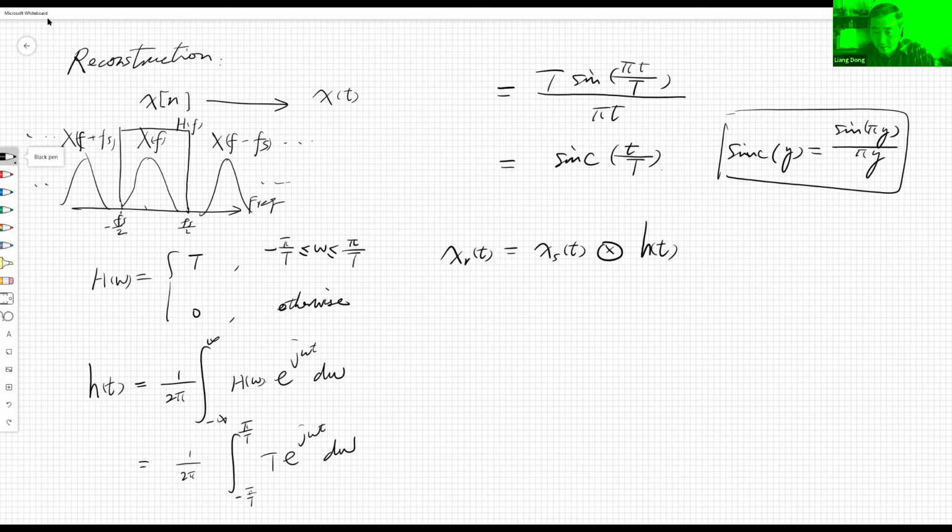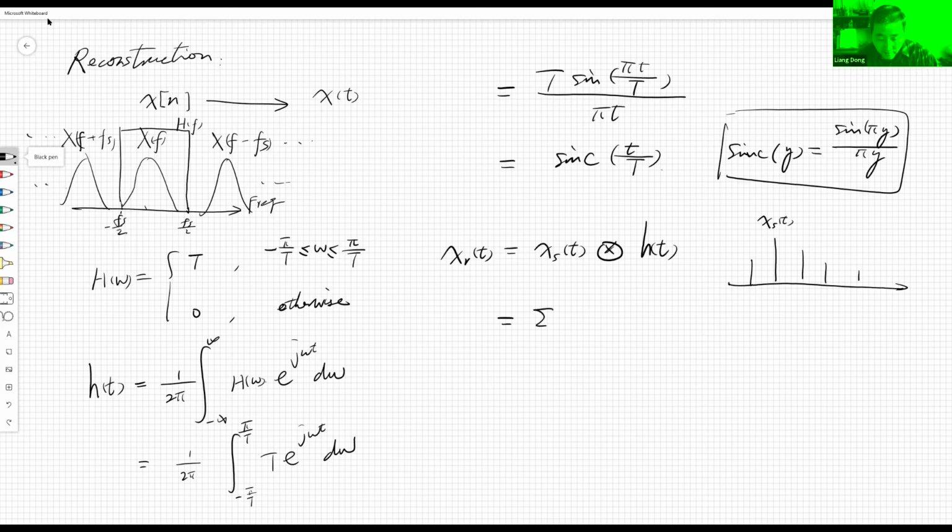What does that mean? The sampled signal x_s(t) looks like this, convolved with the rectangular box. In the frequency domain, you multiply by the rectangular box; in the time domain, you convolve with this sinc function. That's exactly what we are doing here. We low-pass that.